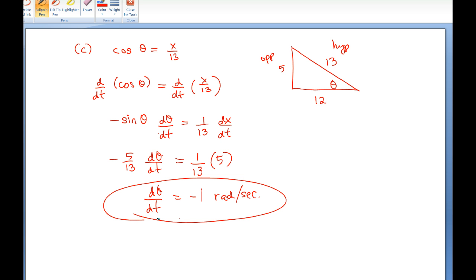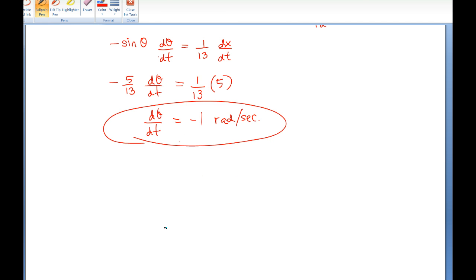So you're right, it should work out either way, because we have all the information and it's at that instant. Whether we use sine, cosine, or tangent, it should still work out the same way. If you did tangent, you'd get secant squared, and then you'd have to use the 13, the inverse of secant, and it'd be way harder.